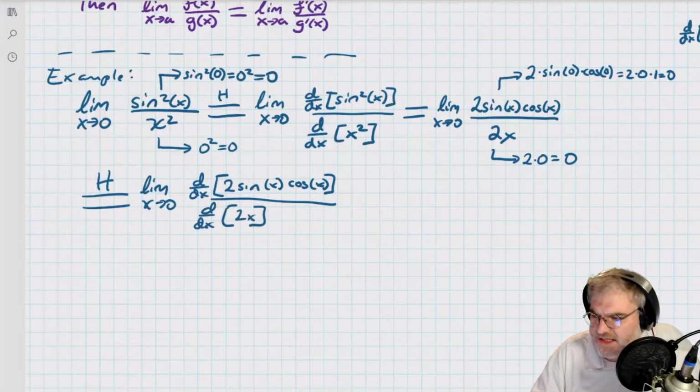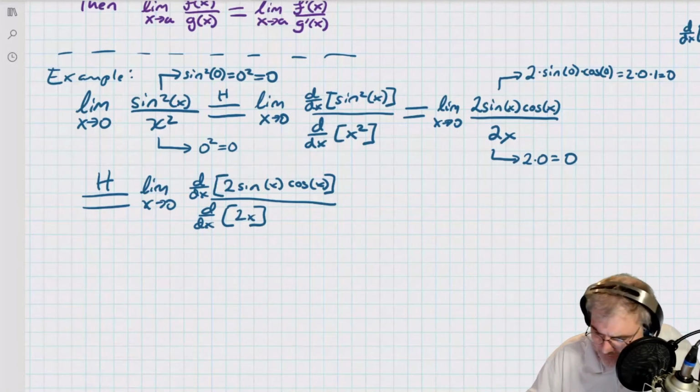And you can already see that this is going to do it for me because the bottom is now going to be 2 when I'm done. Right? Now, I've got a product rule here on the top.